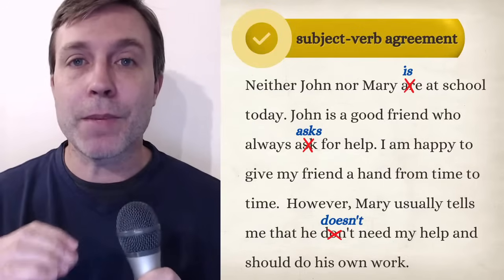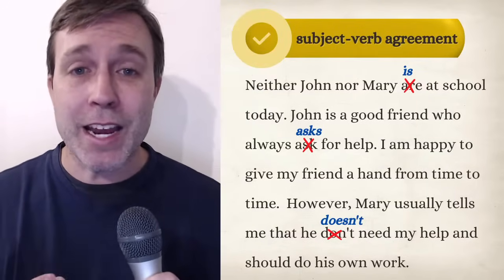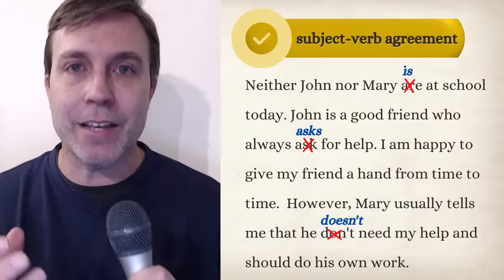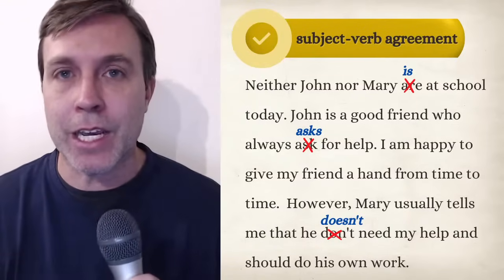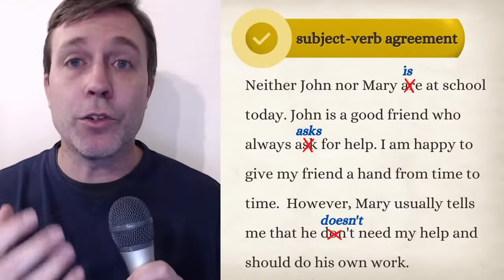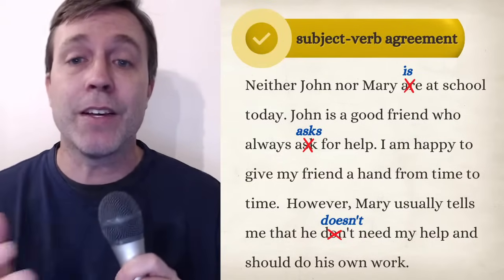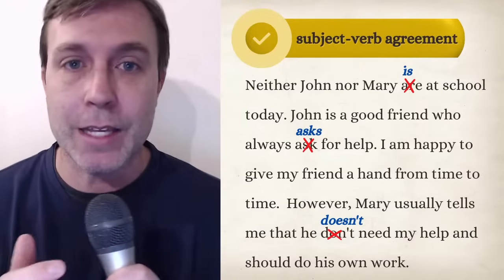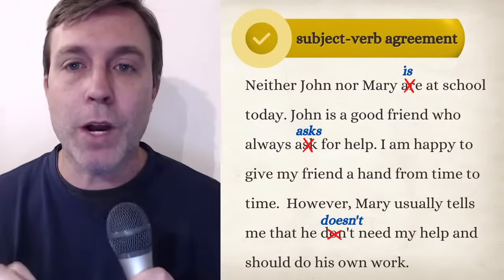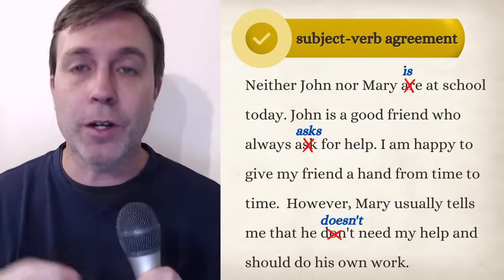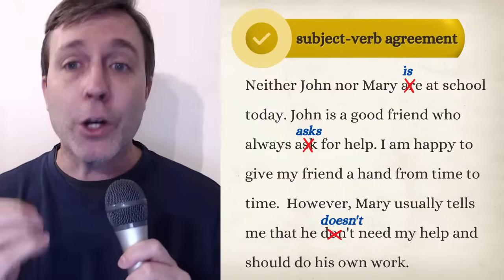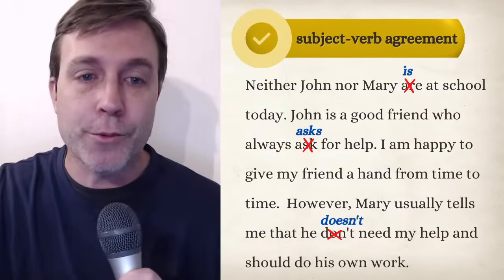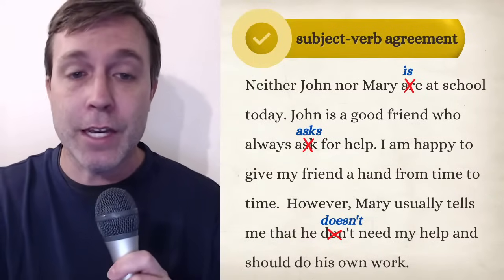This is a common mistake that I see in writing, but also in spoken English, when people want to use that negative and they're talking about he or she, and I'll hear people use don't instead of doesn't. So just something to keep in mind. The first common mistake that I often see when it comes to writing is just subject-verb agreement. Does the subject agree with the verb? That's something you should look through as you go through your writing to make sure that they do agree.